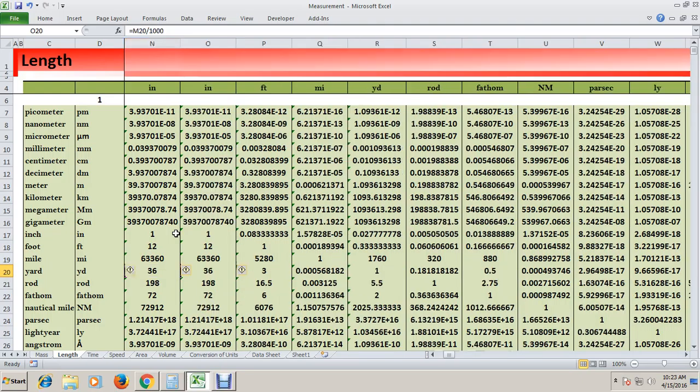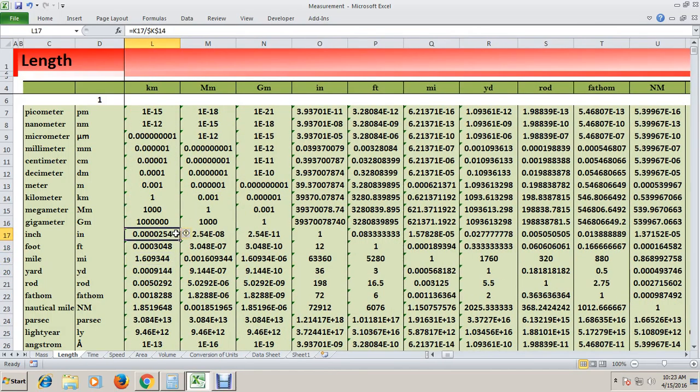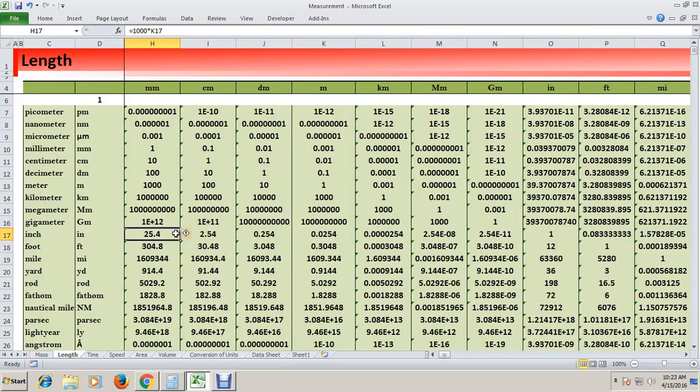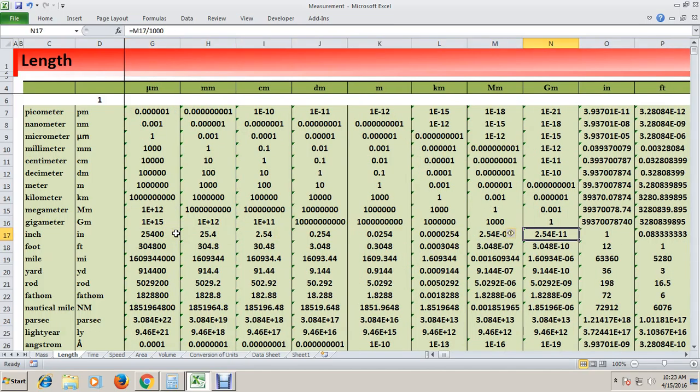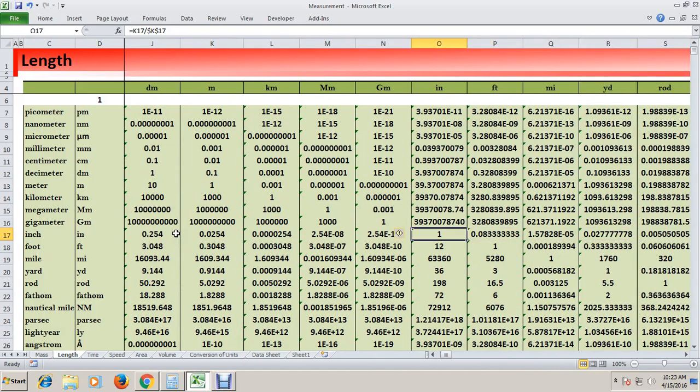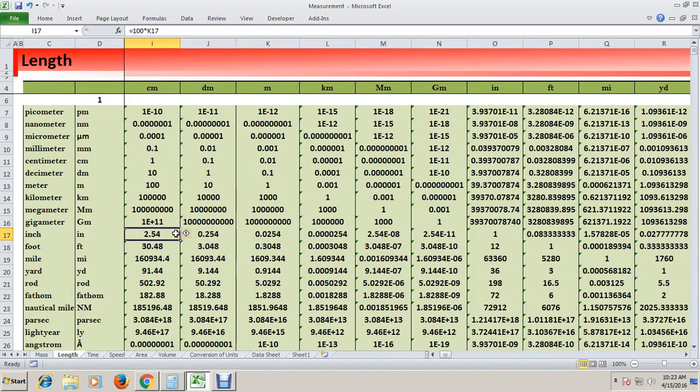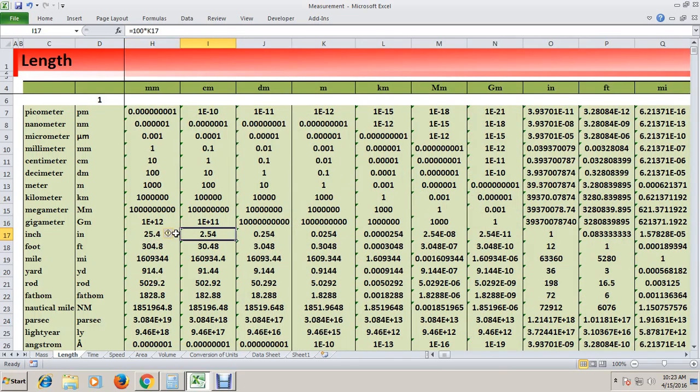Okay, let me point out another common example. This example is easily memorized. Take note that this conversion factor is a key point in conversion. We can actually make use of this conversion factor so that we could connect the set of units for the British system to the set of units for the international system of units, particularly this conversion between inches and centimeters.